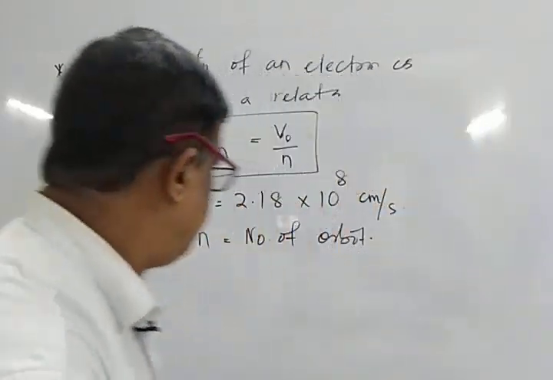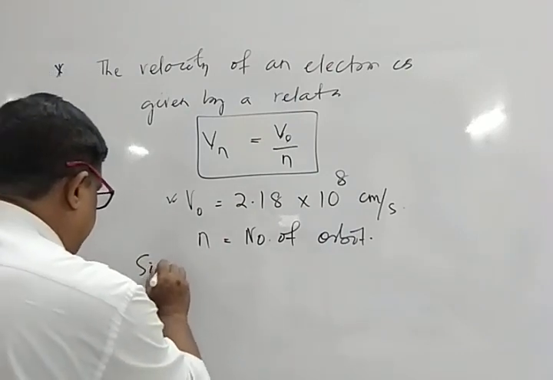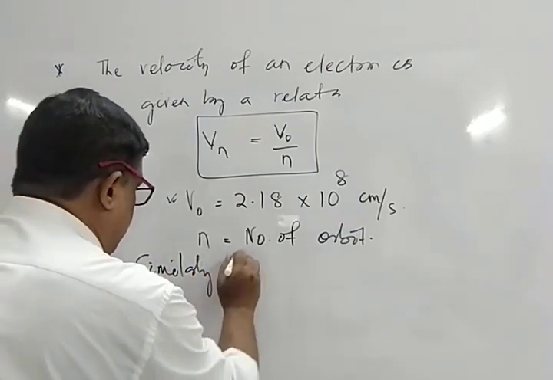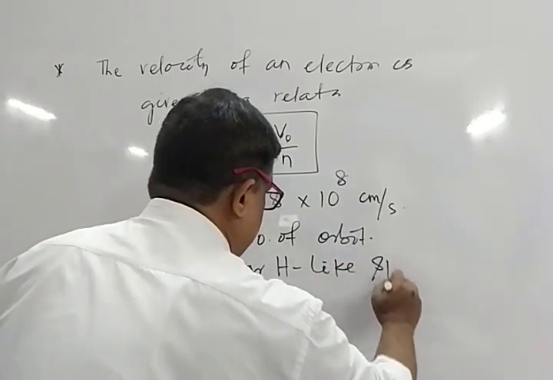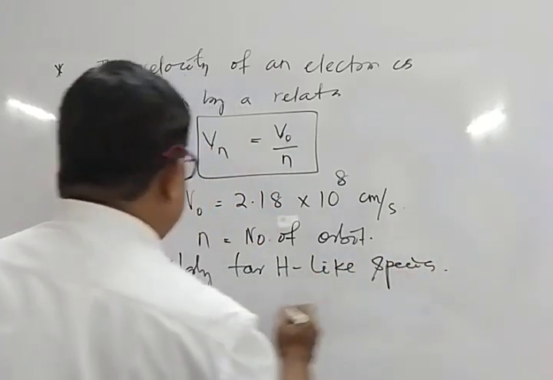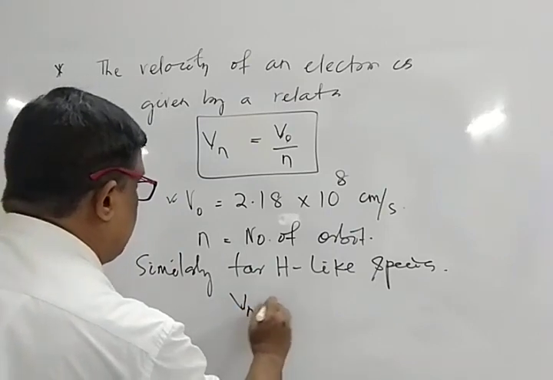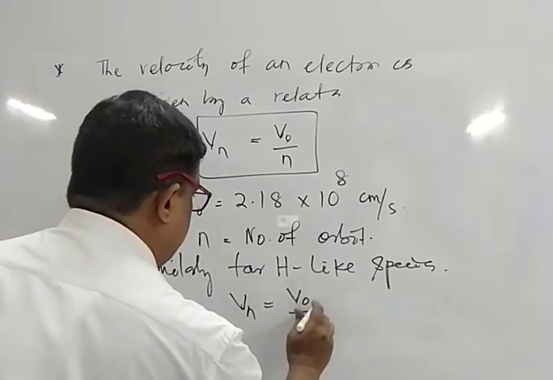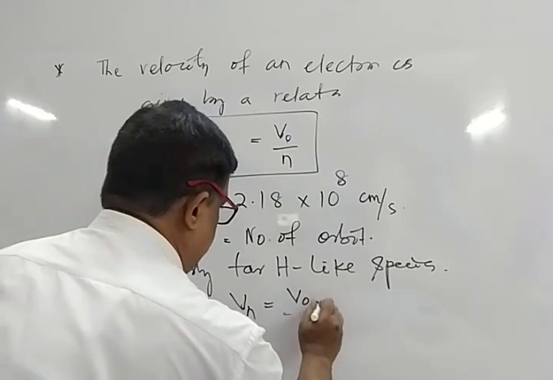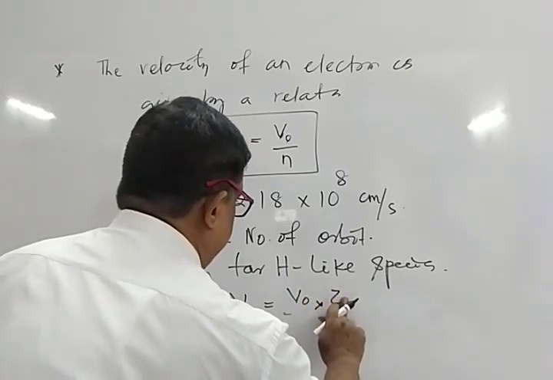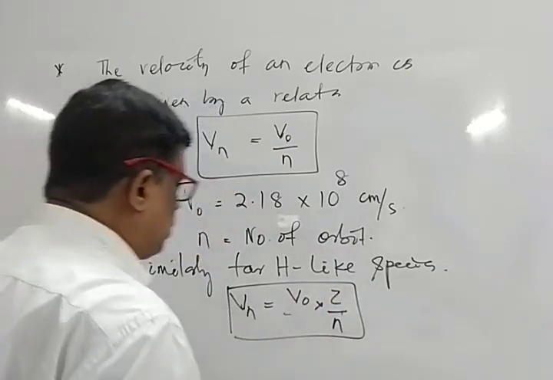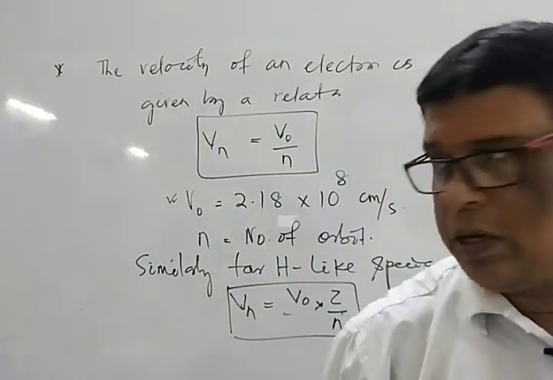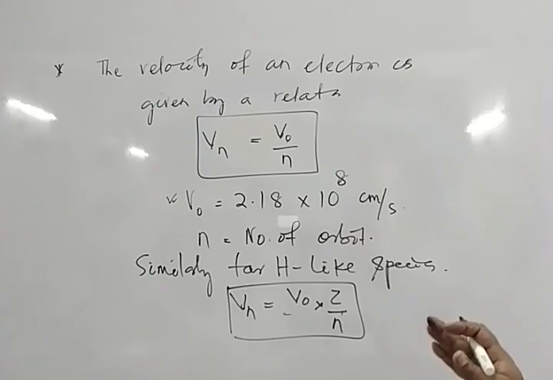Then we move on, similarly, to hydrogen-like species. The expression is Vn is equal to V0 into Z by n. Mark that. For hydrogen-like species, the expression is Vn is equal to V0 into Z by n.